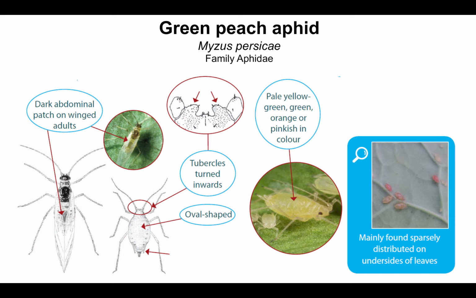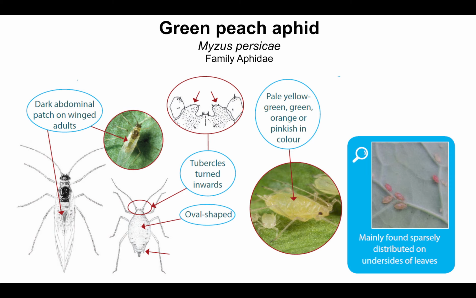It's very, very difficult to see with the naked eye, but that is the main distinguishing feature for the green peach aphid. It's very difficult to distinguish the adults, seeing a winged aphid with a little black patch here. I can't really tell them apart in the field, the winged aphids, but with a hand lens, you can really see the tubercles, and it's a really good way of identifying what aphid is present in your crop.